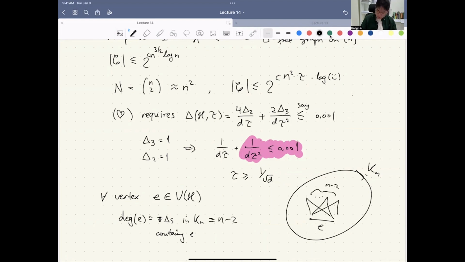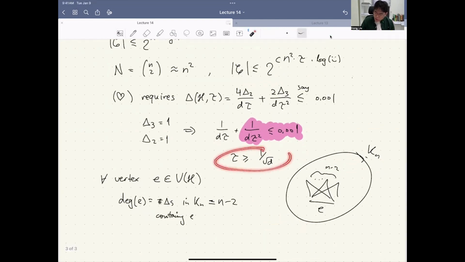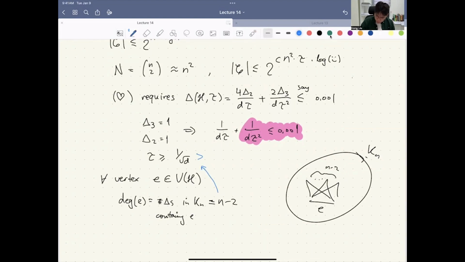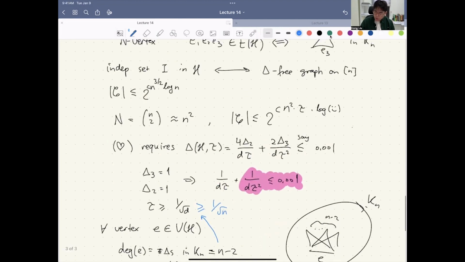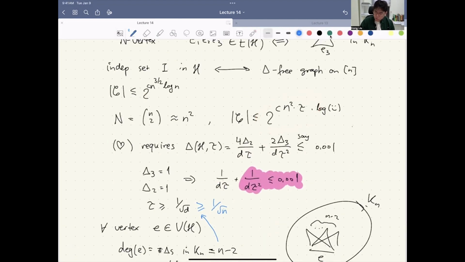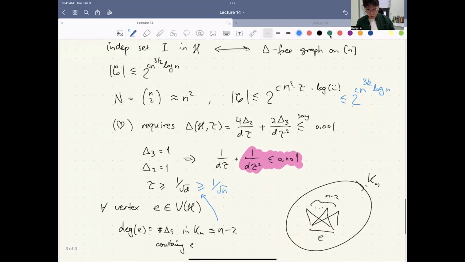So this hypergraph is n minus 2 regular. Every triangle is a hyperedge. So we get that tau is at least 1 over square root n. So here, this is at most 2 to the n to the 3/2 log n, times constants. All right, some simple calculation, you can get that.